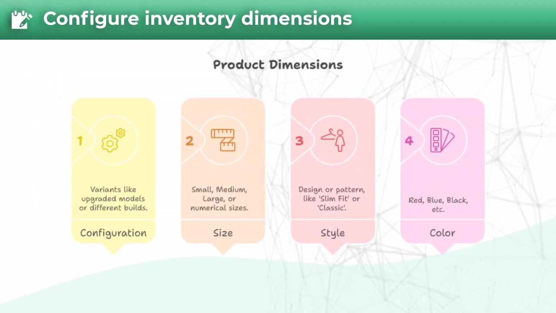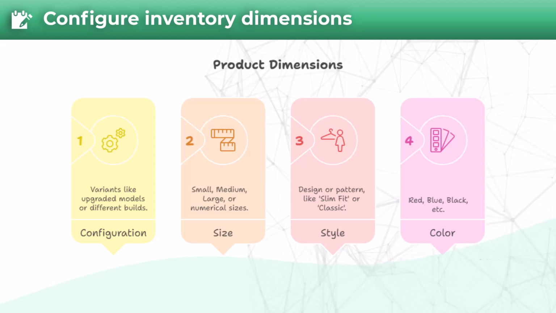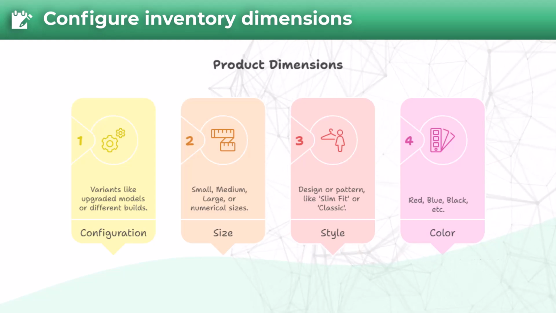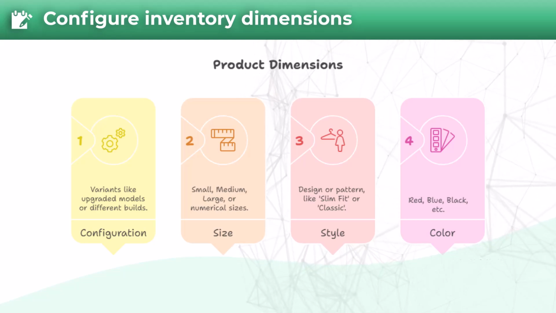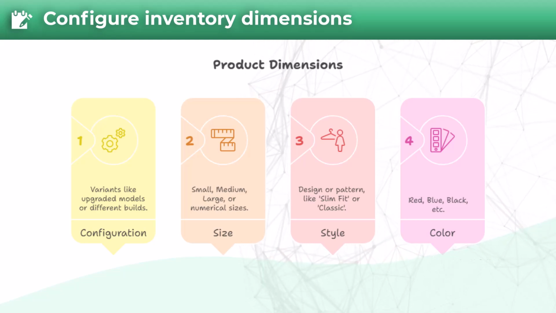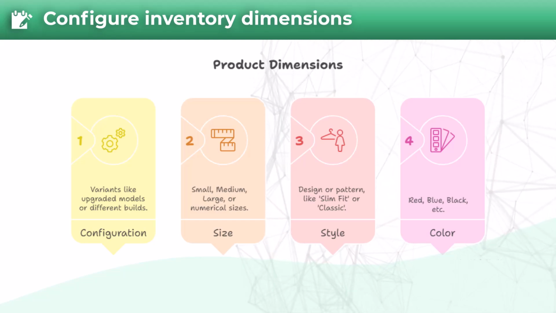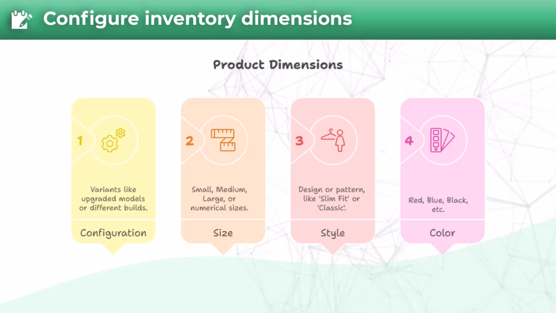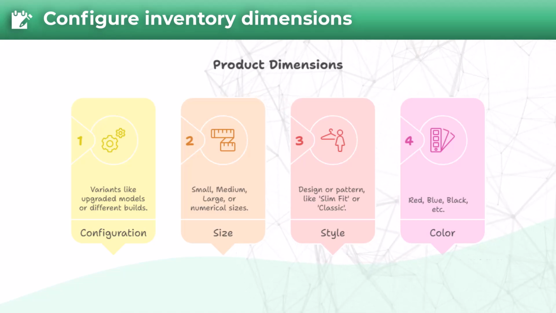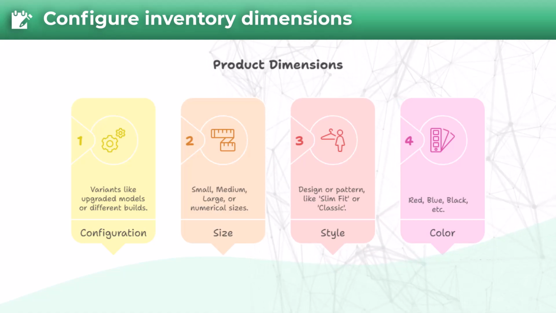Product dimension describes the physical characteristics of an item. Remember that when we are talking about the product dimension, it is nothing but the physical characteristics of an item. There can be various types of physical dimension available for a product, like configuration. Configuration means the variant, like an upgraded model or different builds.